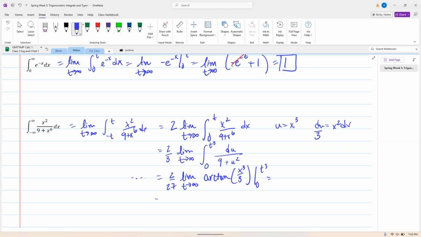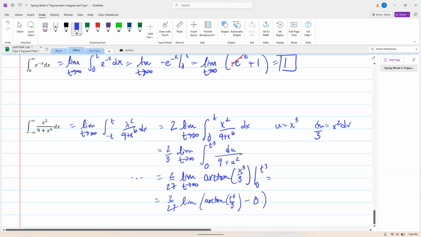Okay, so then what do we get here? 2 over 27, and then the limit of arctangent of t cubed over 3, and then minus arctangent of 0, which is 0. Okay, and so then that's pretty much arctangent of infinity.